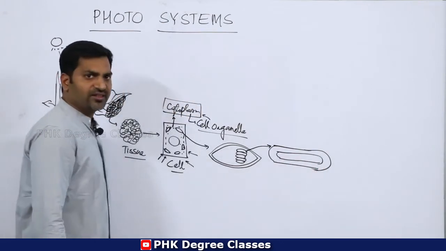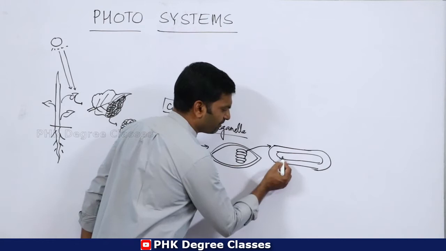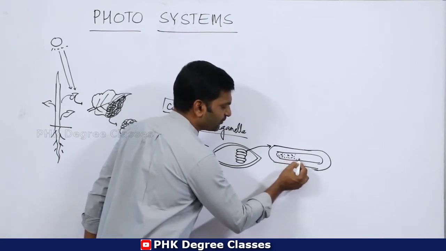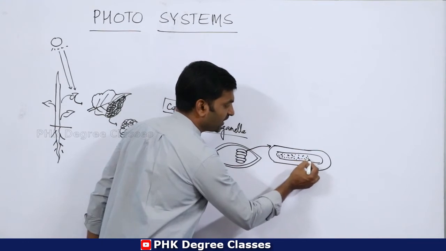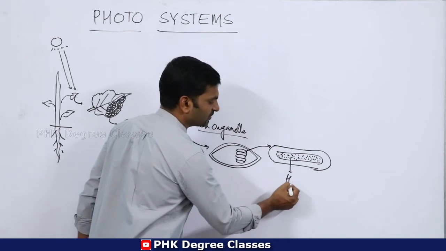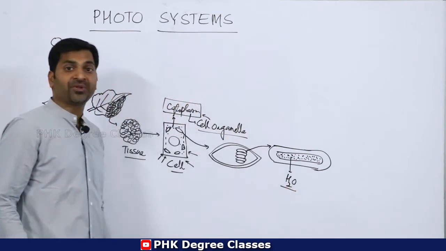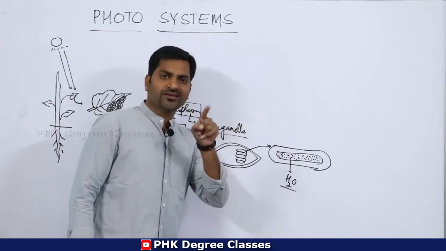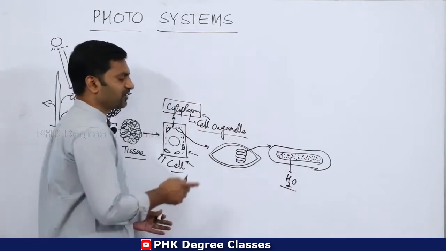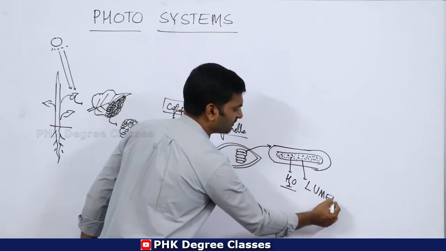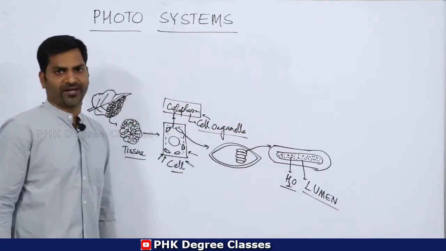This middle or inner portion of the thylakoid acts as the reservoir for water. It has abundant water molecules. Clear? This inner side of the thylakoid can be technically called the lumen. What is that? Lumen.